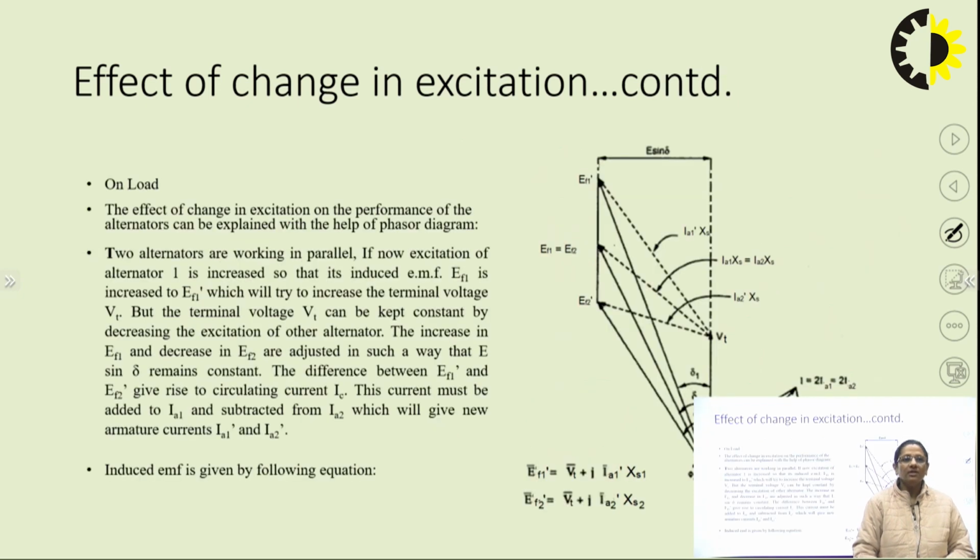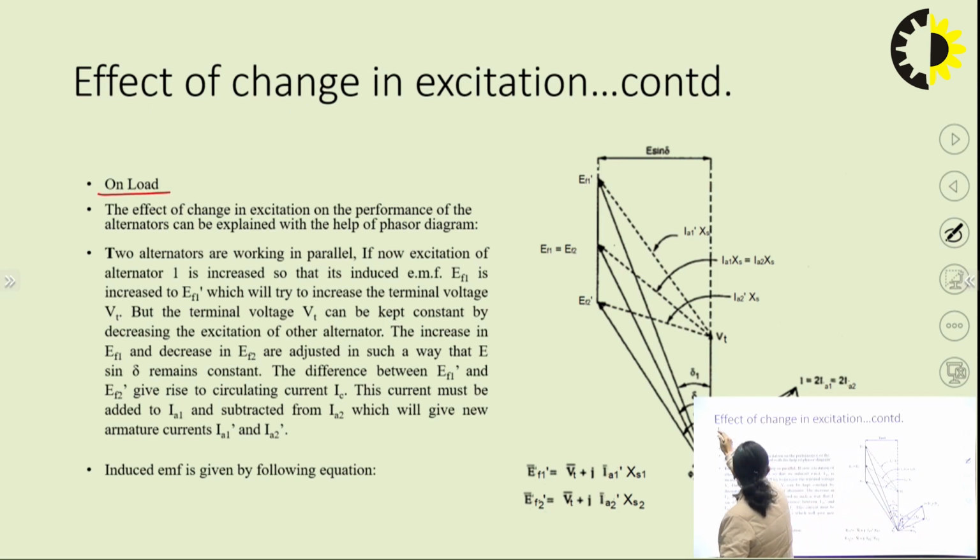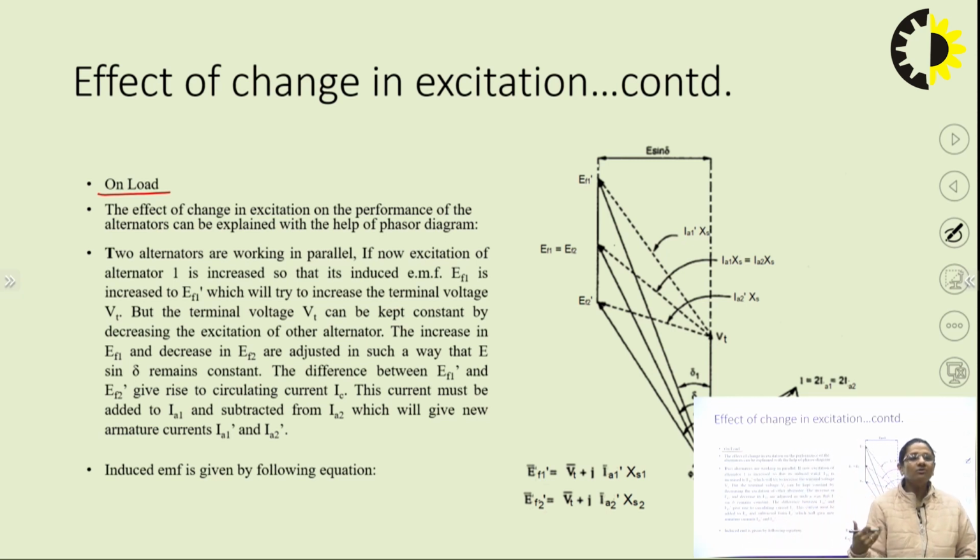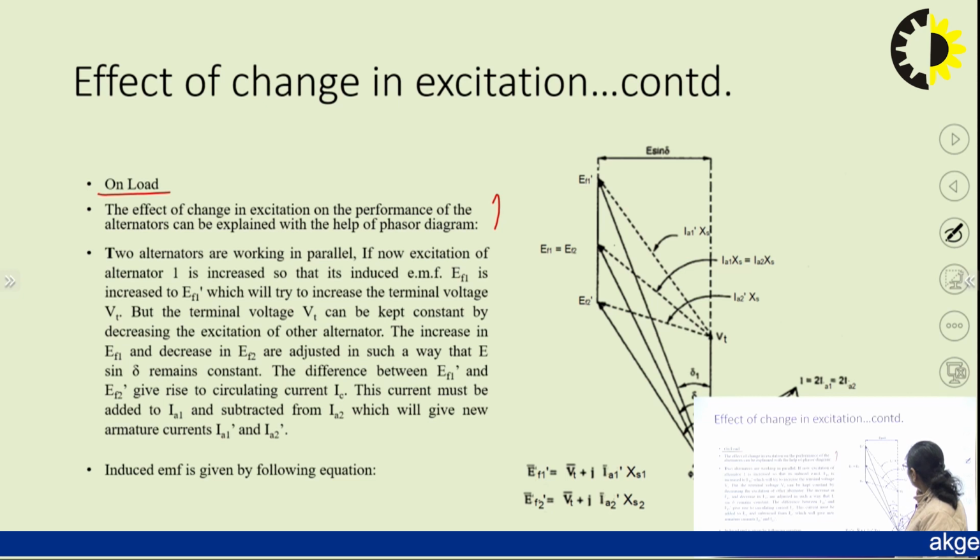Now, let us consider what happens under load condition, when we are varying the excitation of one alternator. With the help of a phasor diagram, we are going to depict the same thing. For this, let me start with the initial condition.